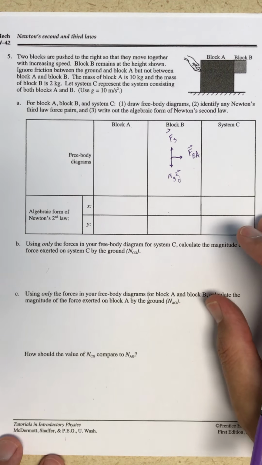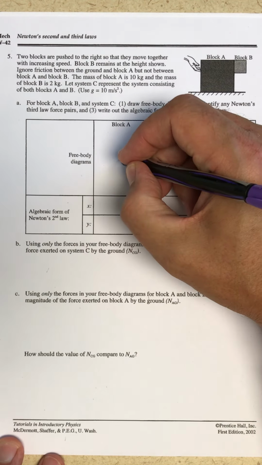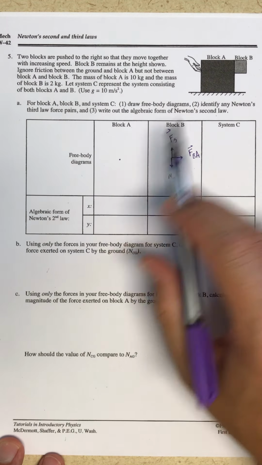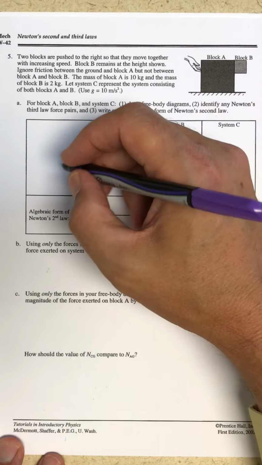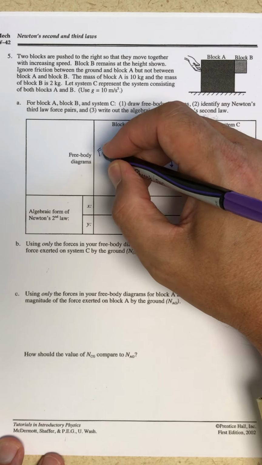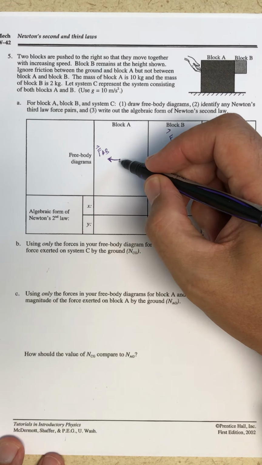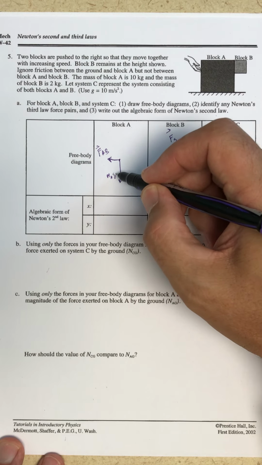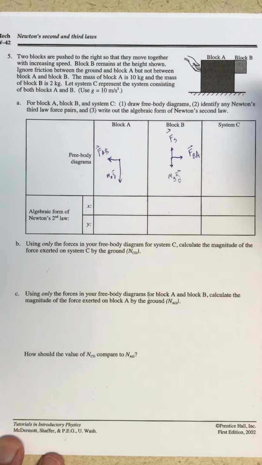Alright. For block A, its free body diagram, I'm going to have some interaction pairs. A is pushing forward on B, so B is pushing backwards on A. So we're going to have a force on A due to B. There is the weight of block A, and the interaction partner to this force of static friction.